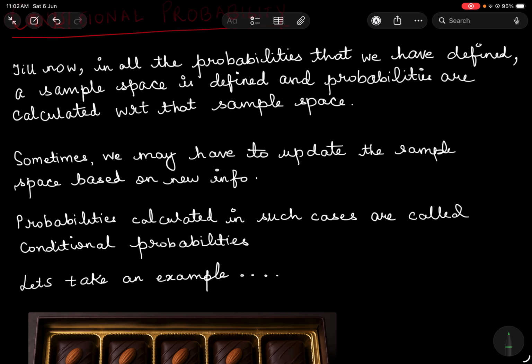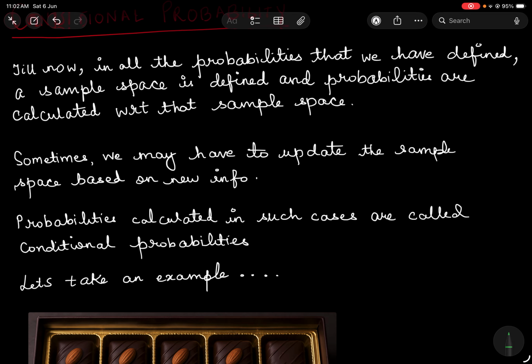Now, sometimes it is possible that we have certain information already available with us, and we may have to update the sample space based on that new information. The thing is that in any random experiment that happens, there are certain outcomes. But suppose you have some information with you and you want to include that information in your probability calculations.